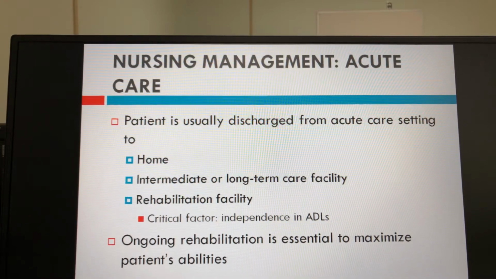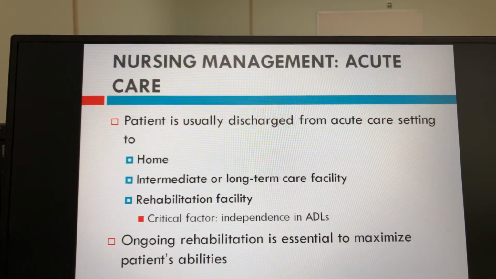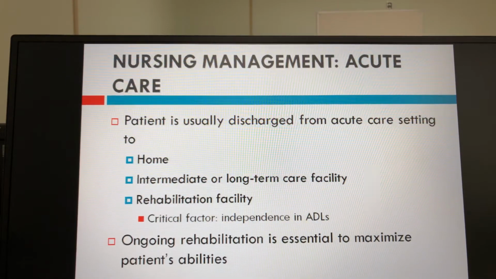Ongoing rehabilitation is essential to maximize the patient's abilities. So ideally, discharge planning with the patient and caregiver starts early in the hospitalization period, and it promotes a smoother transition from one care setting to another.